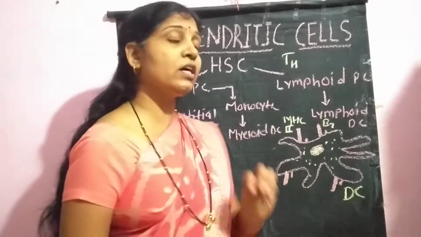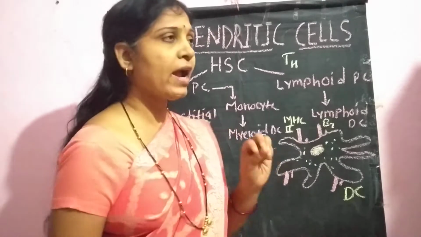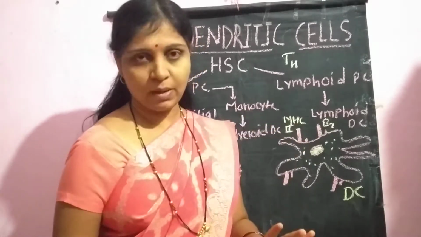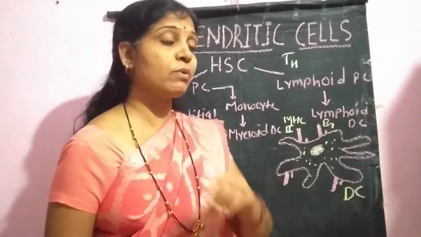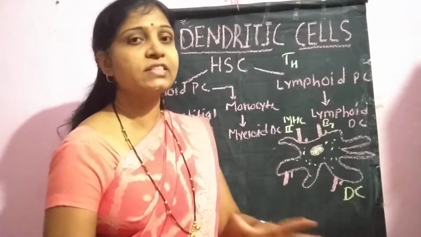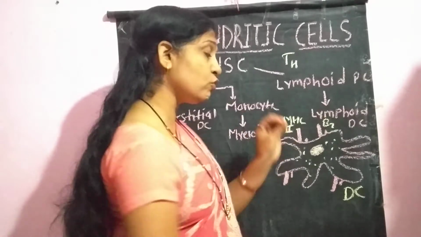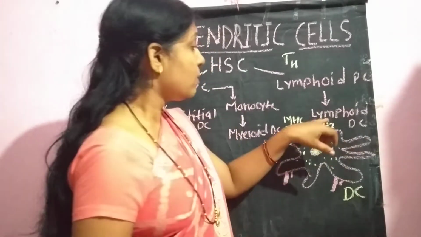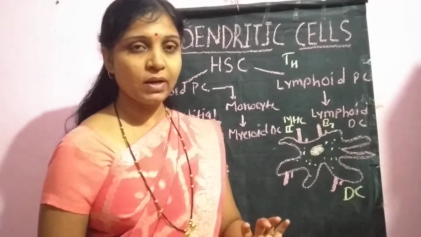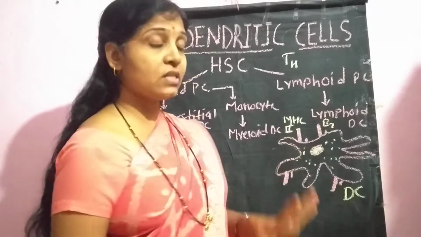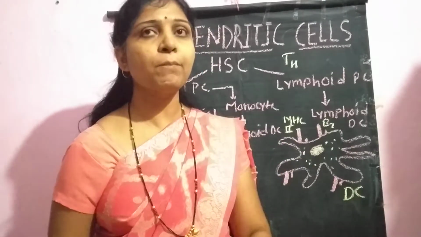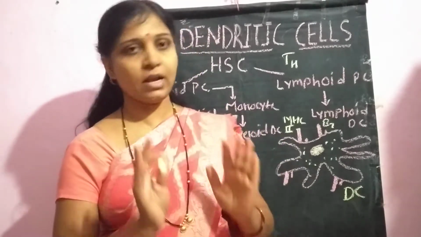These are the MHC class two molecules and the members of the B7 family, which act as co-stimulatory signals. Due to the presence of these members of the B7 family, these dendritic cells are responsible for the complete activation of the T helper cells.